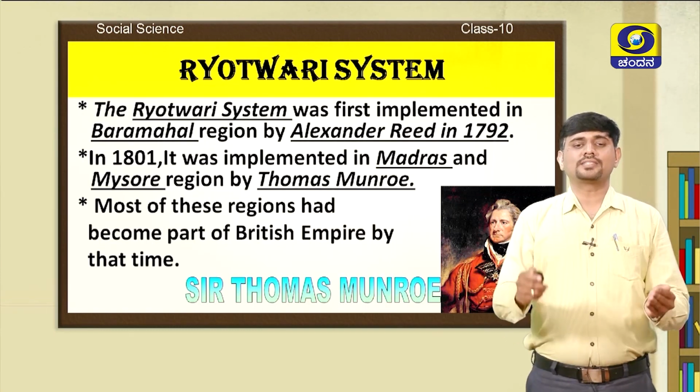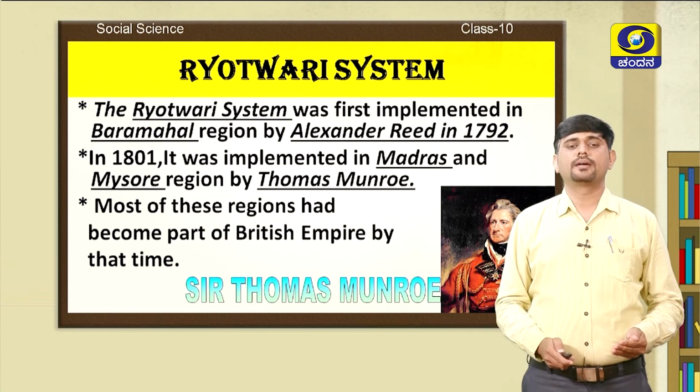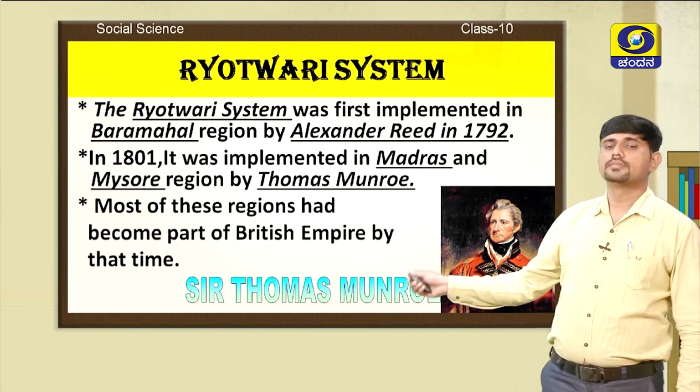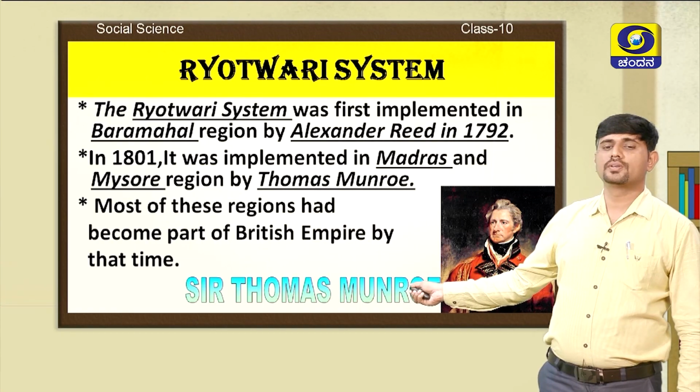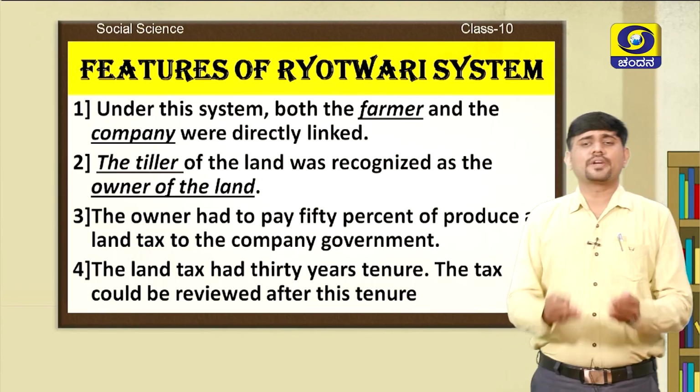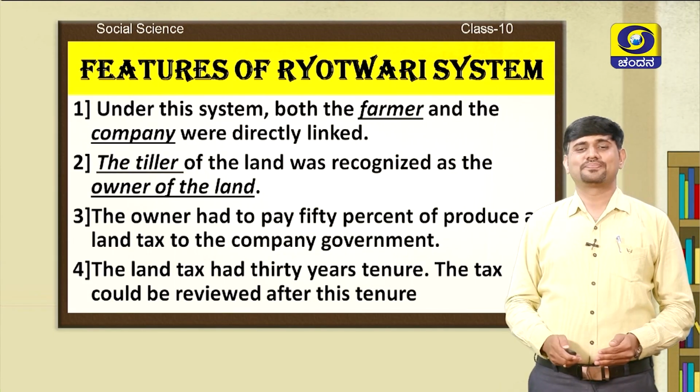Most of these regions had become part of the British Empire by that time. Dear students, you can see the British officer Sir Thomas Munro in the image, who implemented the Rayatwari system in the Madras and Mysore regions. What were the important features of the Rayatwari system?